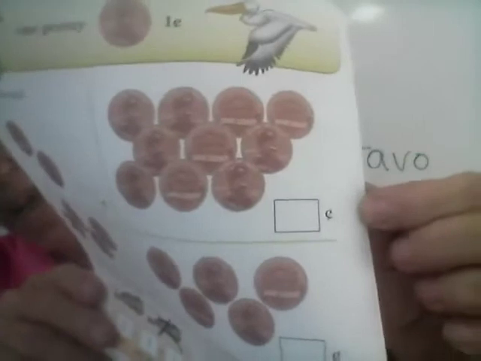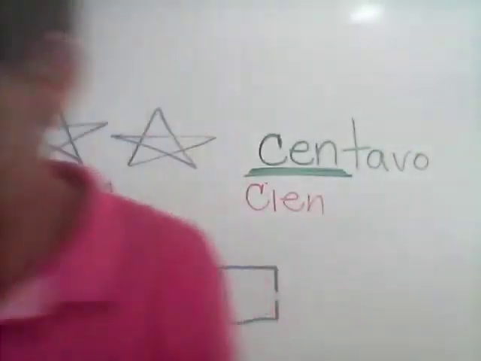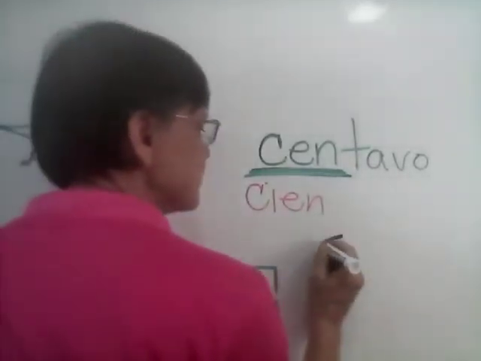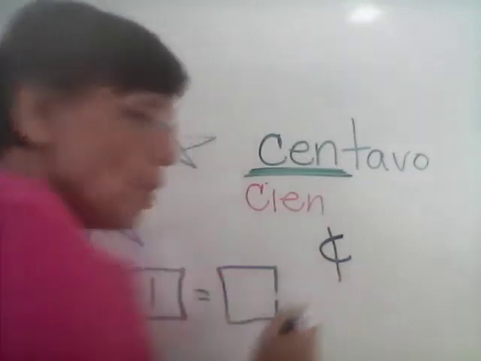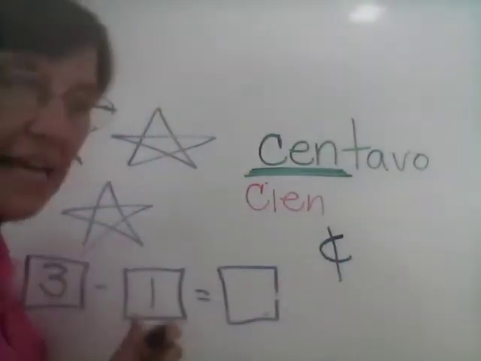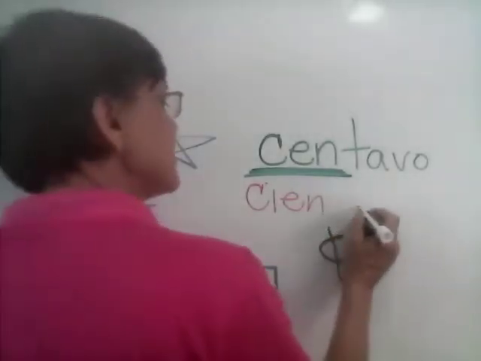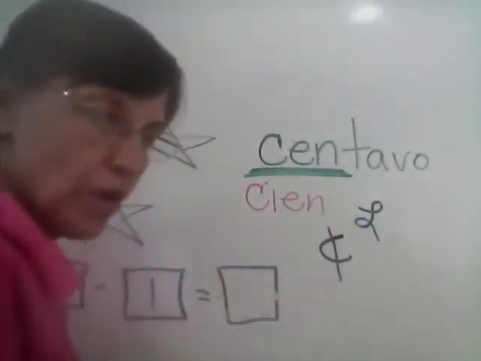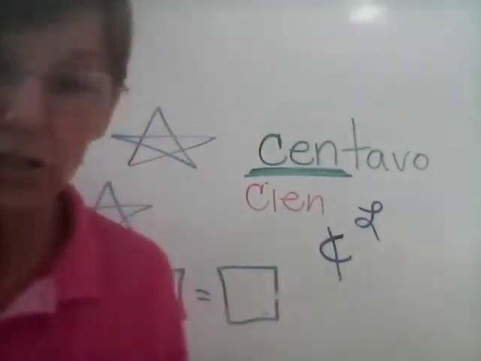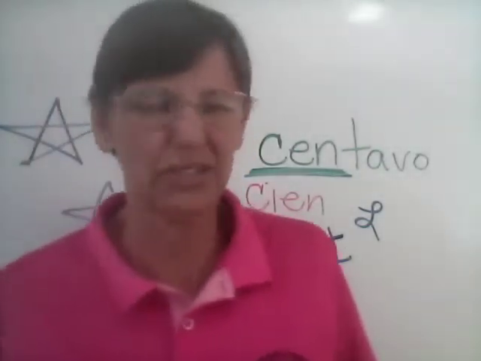And see that we have a little box there, and there's a C with a line through it like that, and that stands for centavo. In Honduras, you use the L for lempira, and you also use the C for centavo, but like I say, they're not used much anymore.